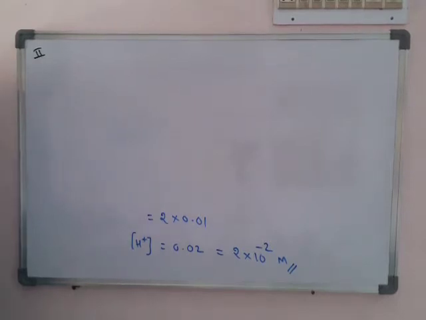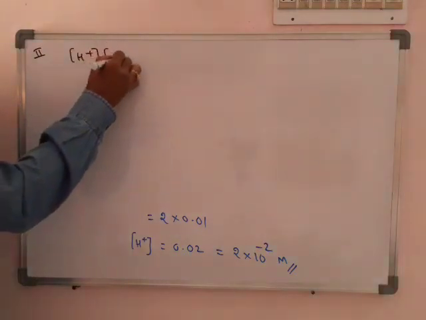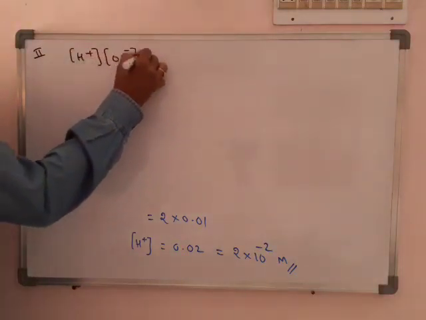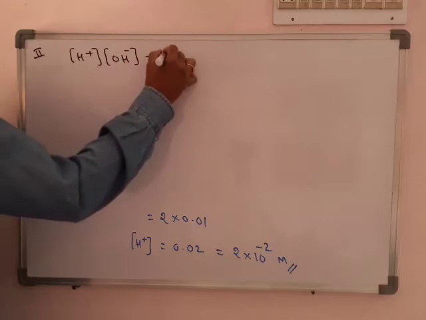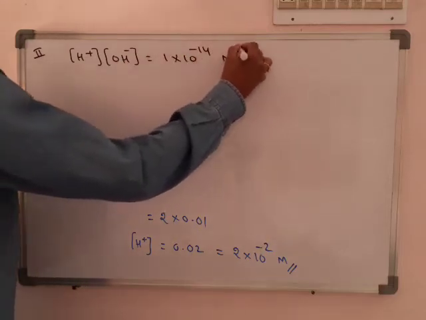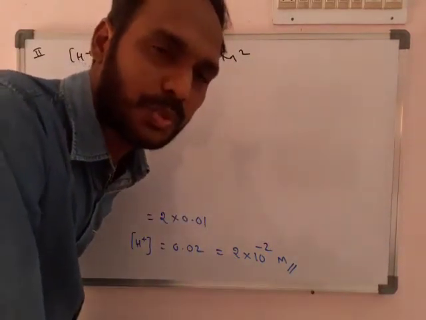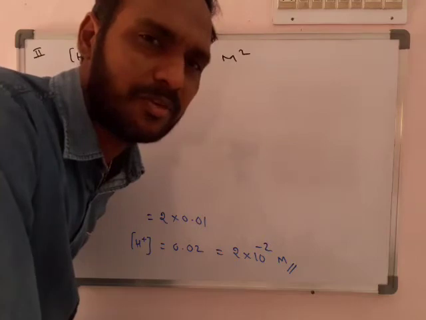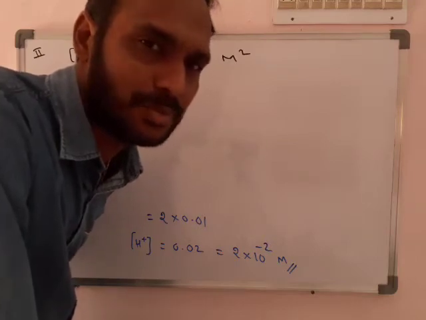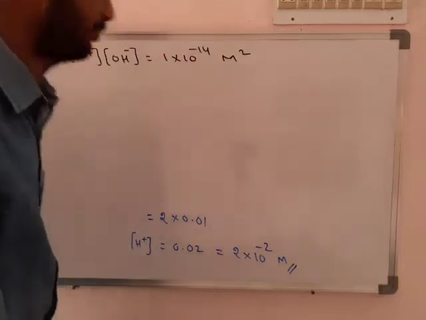We know that H plus into OH minus, the ionic product, equals Kw, that is 1 into 10 to the power minus 14 M square. Capital M square means moles square per liter square. Just for simplifying, we are writing it as capital M square.